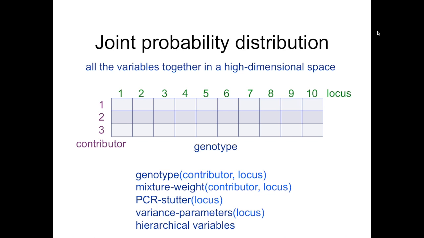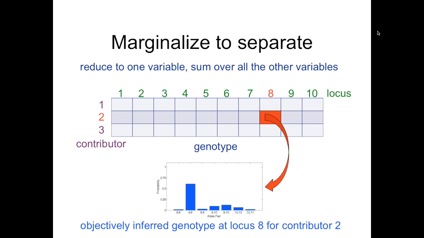What we need to do is reduce the dimensionality and marginalize to separate out the different variables. Marginalization works like this. Imagine you have a 2-dimensional table, say it's 2 variables, of rows and columns. If you add up the columns to get 1 row, you've marginalized those 2 dimensions by adding them up into 1 dimension.